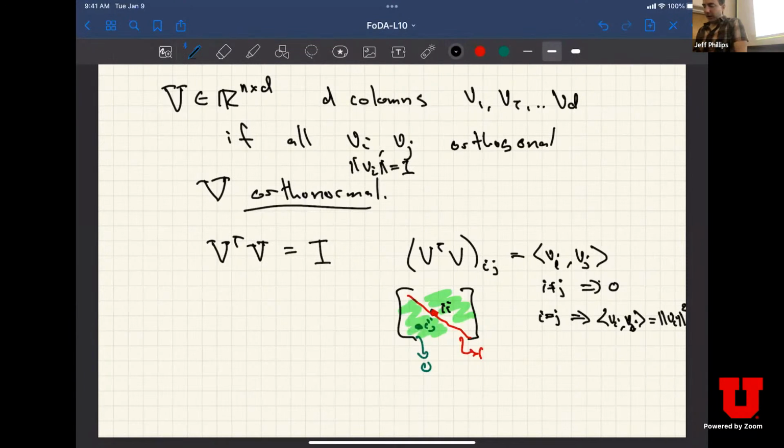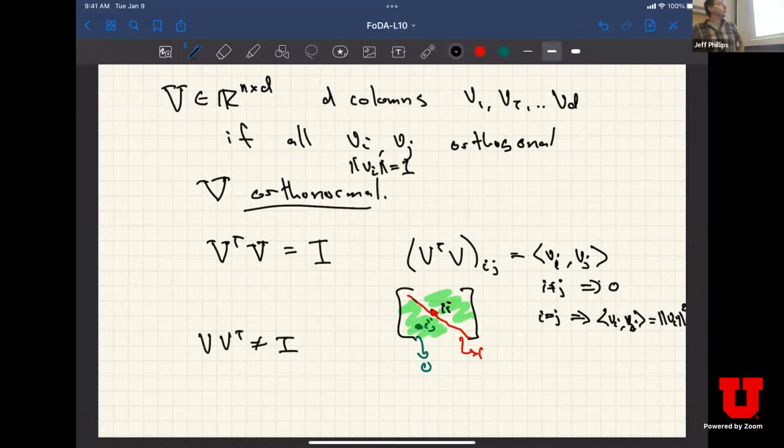I don't have that V transpose. I can also do this. This will be an n by n matrix, but this will not be equal to the identity because I might not have the orthogonality property here. And it's not going to be full rank either.